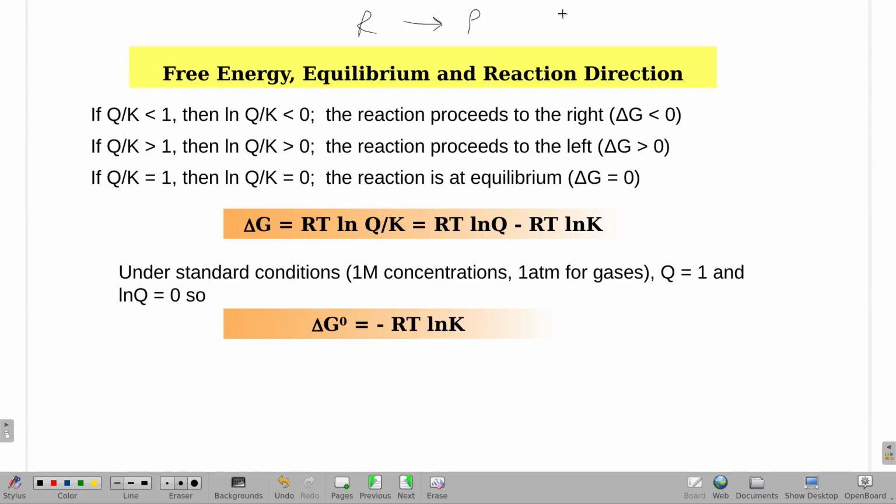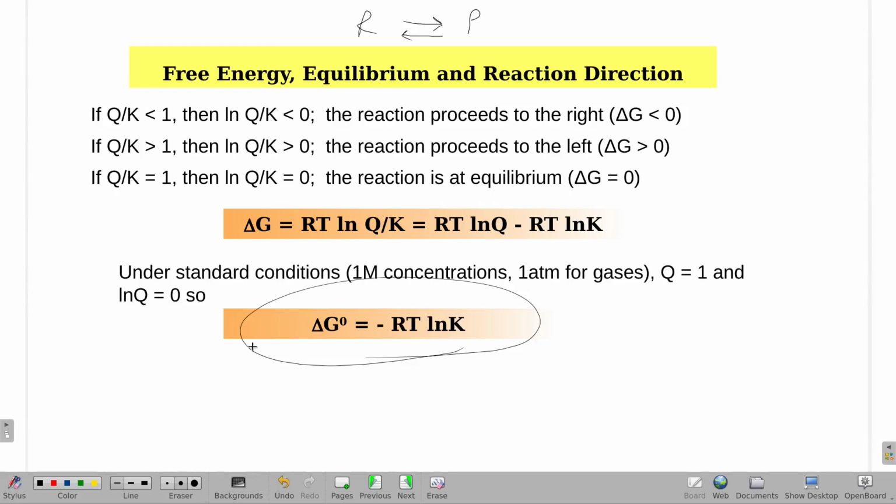The larger the delta G is, positive or negative, they talk more about the relationship between our forward and backwards reaction. Well, that's K. Turns out delta G and K are really closely related, so close that they are actually mathematically dependent on one another.